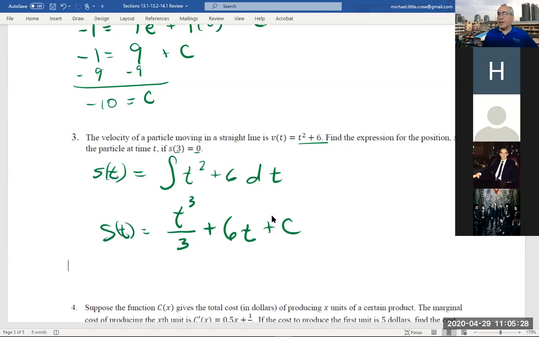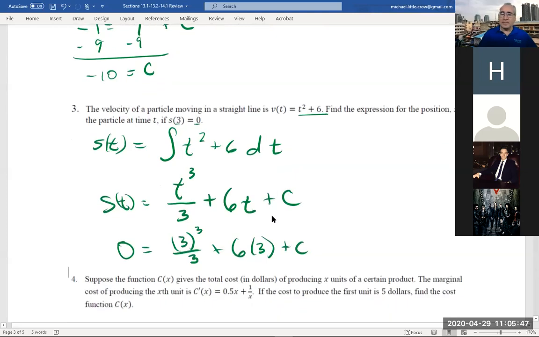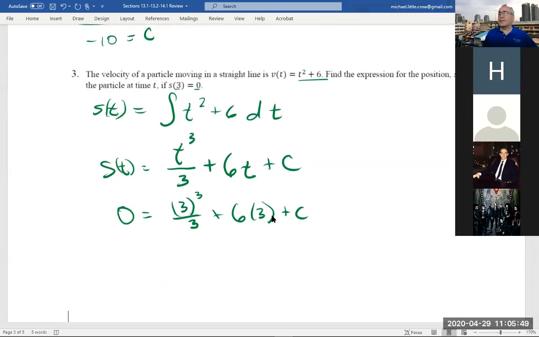Okay, so the output is 0 when we plug in 3. So 3 to the third over 3 plus 6 times 3 plus a constant. So we get 0. This is going to be 27 over 3, which will be 9.